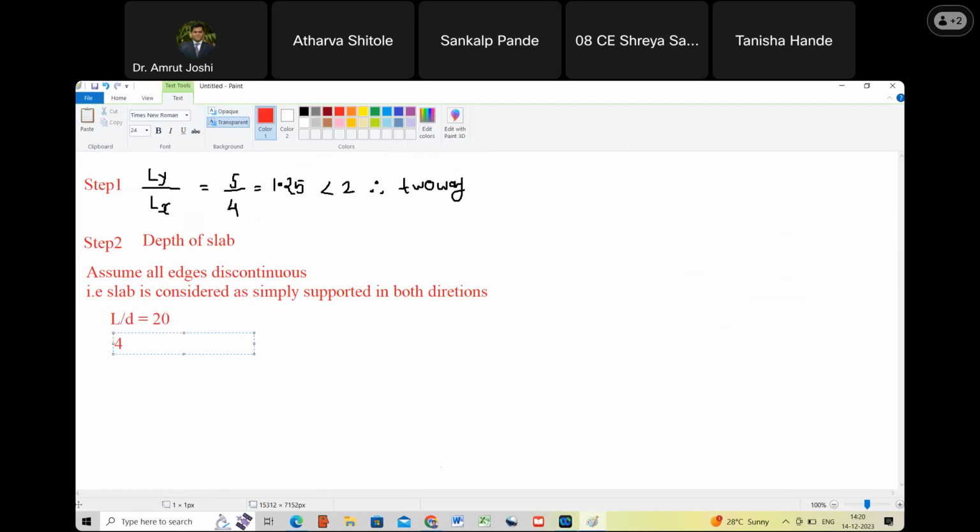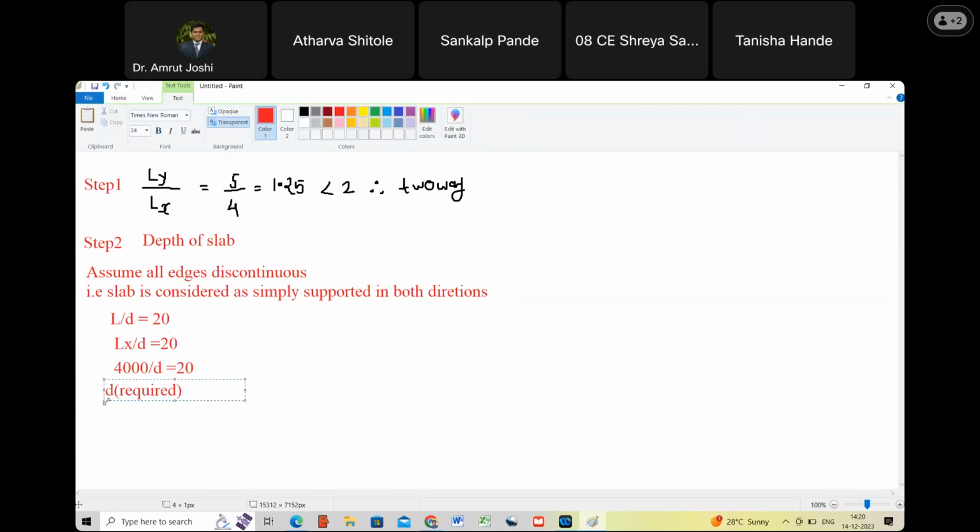So here we are going to substitute Lx by D equal allowable Lx by D divided by D must be equal to 20. This gives you what is the requirement on D? What should be the value of D? Tell me.